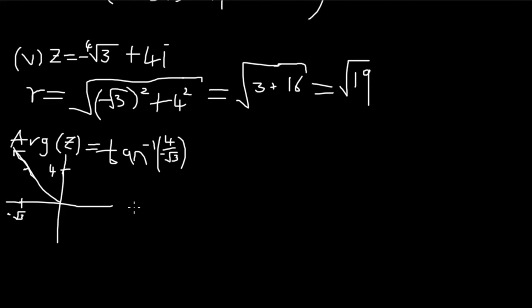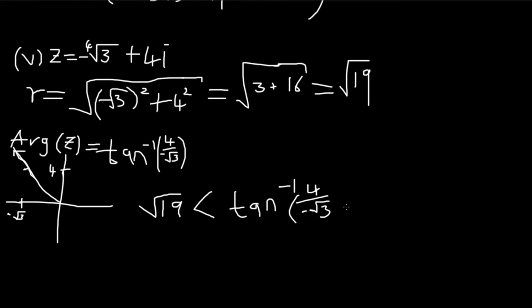You first write your r, which is the root of 19, and then your angle will be tan inverse of 4 over negative root 3. So this is how you write it if such a question was to come.